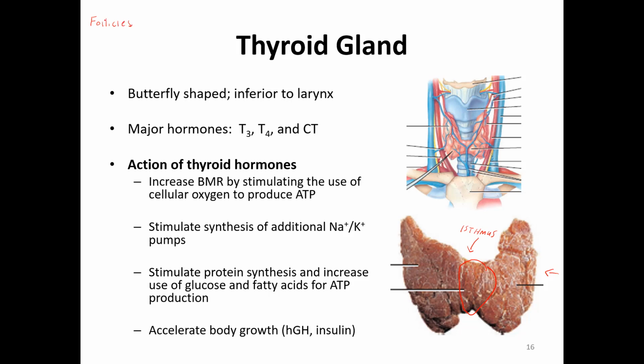So you'll see these tiny little circular structures within the gland when you look at it underneath the microscope, and those are known as follicles. The cells that line the follicle we would call follicular cells. The cells that lie between the follicles are known as parafollicular.